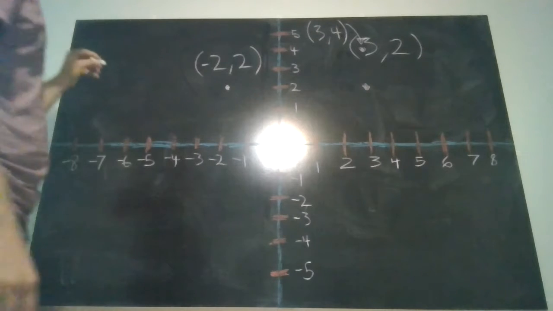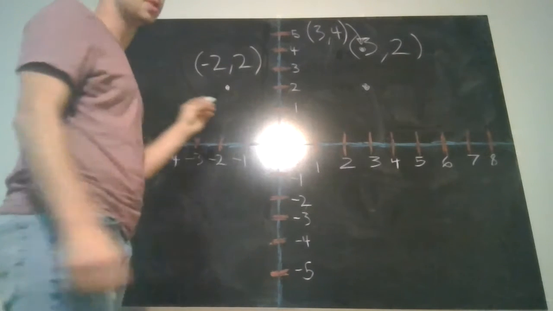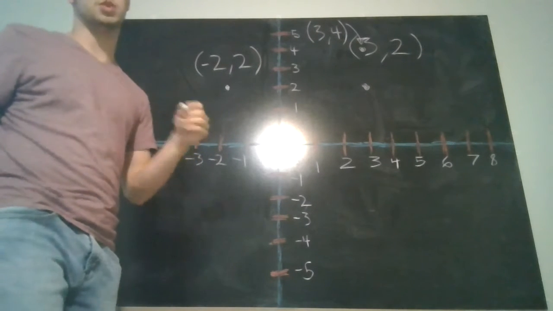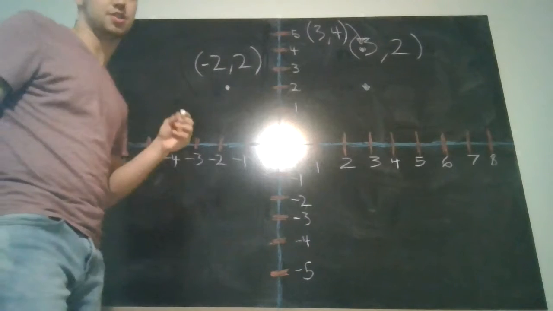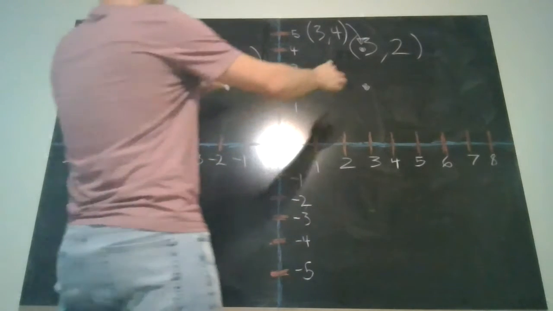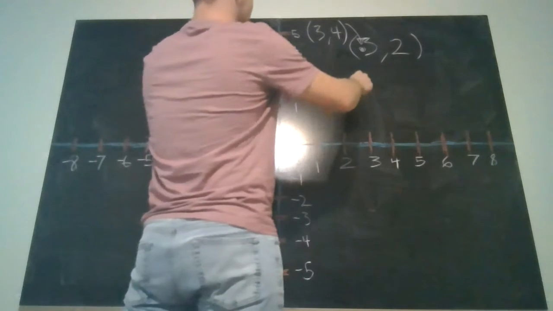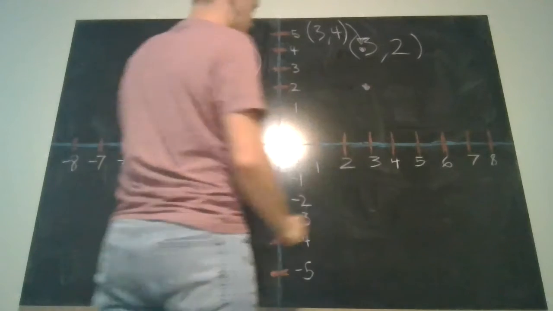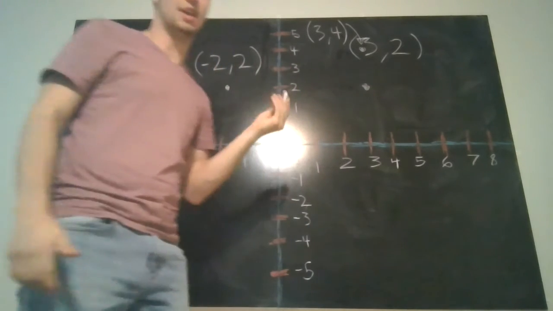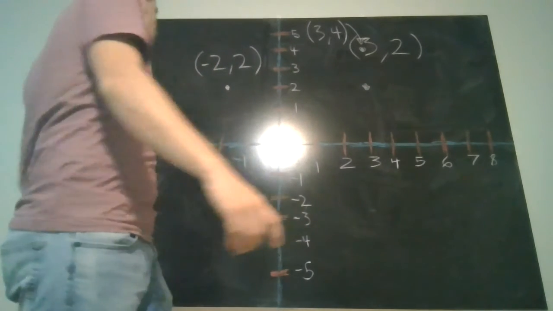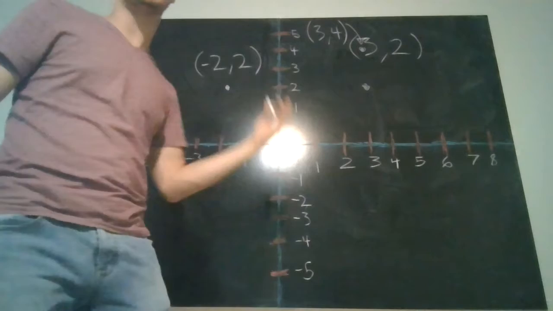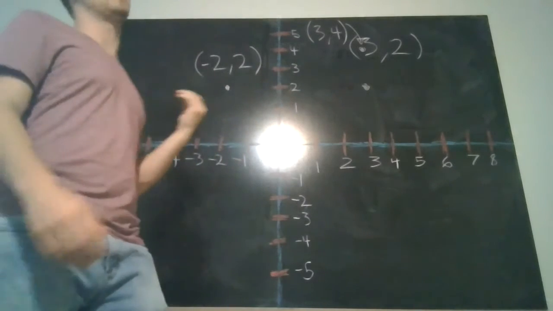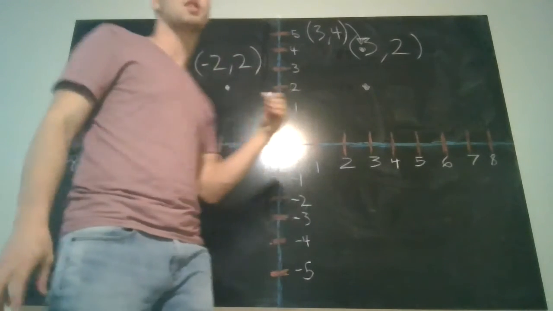And from there, you can actually measure the vertical and horizontal distance between 2 points if they have the same x-coordinate, like, for example, this one. By the way, sorry if I hadn't gotten to this yet, but the horizontal number line is called the x-axis because x is the variable that we go to first.